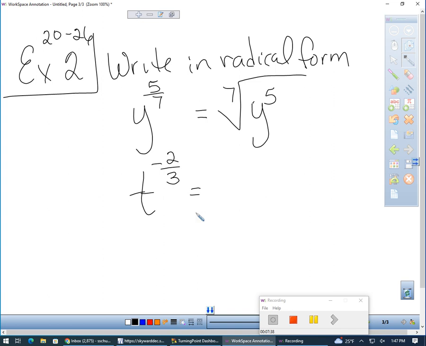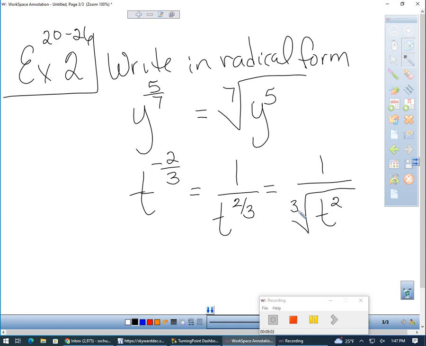When it's a negative exponent, it goes to the bottom. So it's 1 over t to the 2/3, and then we have to write it in radical form. So it's 1 over t squared inside a cube root.